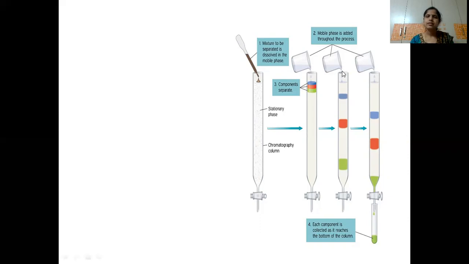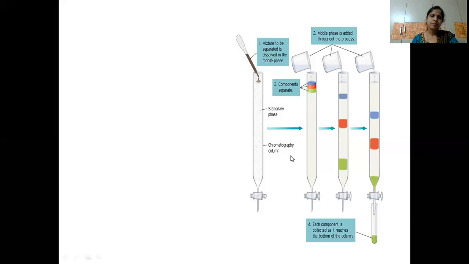So out of these three components, the green colored band is more soluble, whereas the adsorption of the green component is less when compared to the blue band. That is why the blue band is traveling at a slower rate when compared to the other bands. The first component to be eluted out will be the green band, because it has more affinity towards the mobile phase.